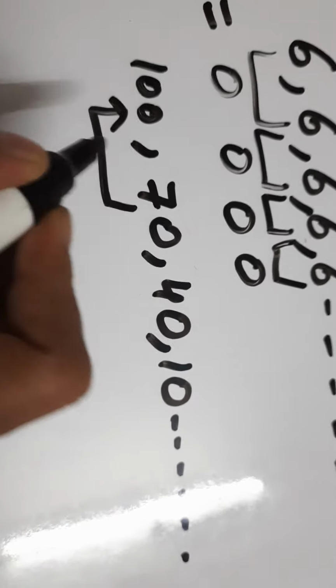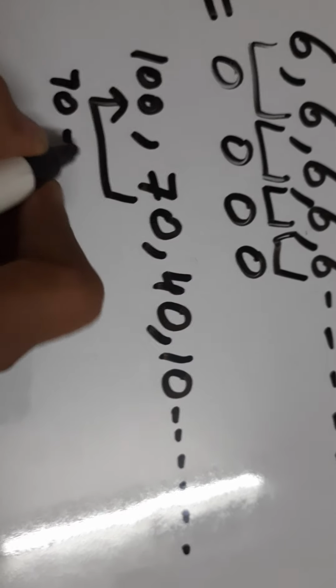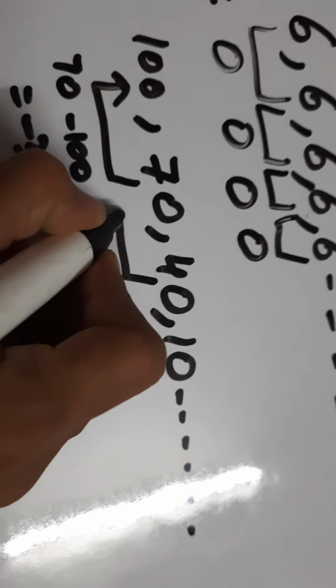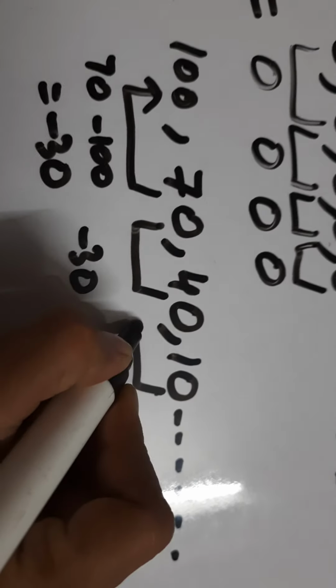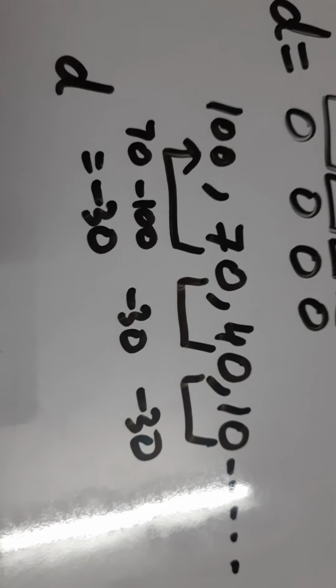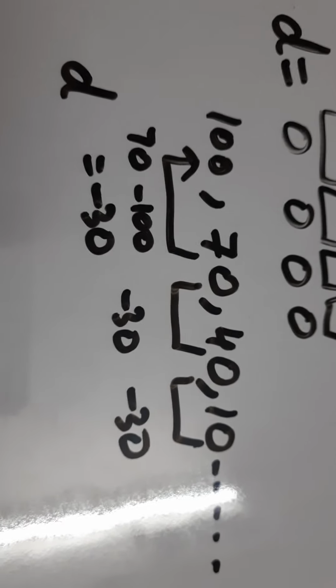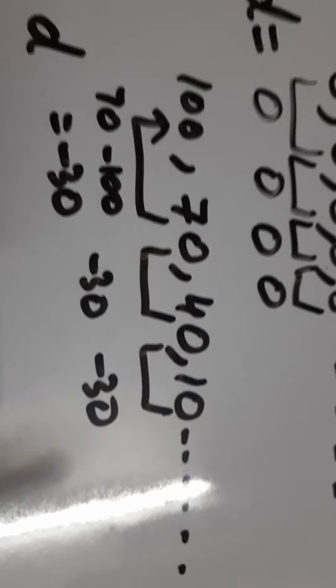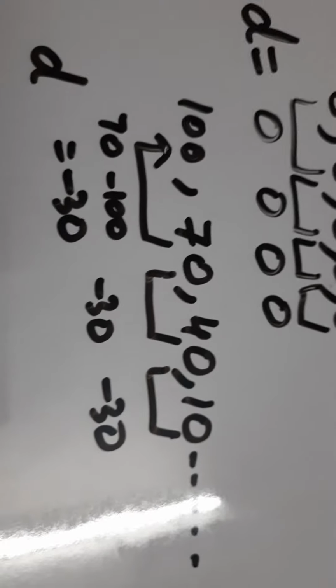So 70 minus 100 is minus 30, 40 minus 70 is minus 30, 10 minus 40 is minus 30. The common difference we are getting is minus 30, and as it is common, we can again call it an AP.